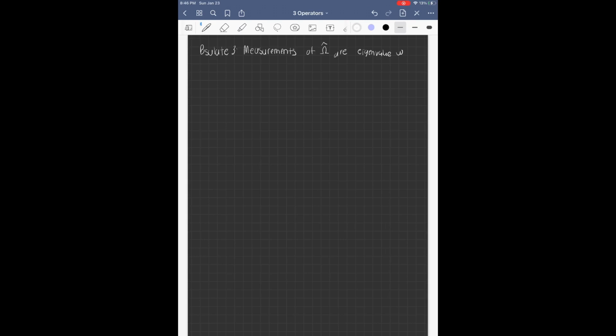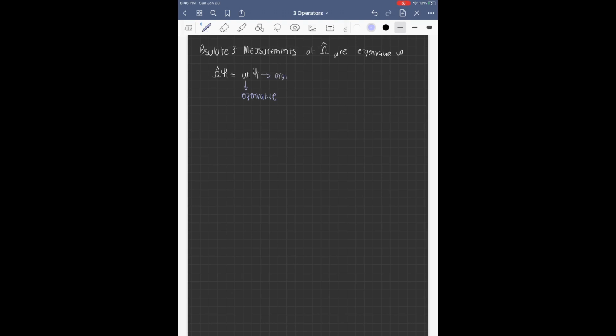So let me give an example. Let's just say we have an operator here and we operate on a wave function. And if the wave function is maintained, you still get the same wave function. You get this, and this would be the eigenvalue, and this would be an original function is maintained.